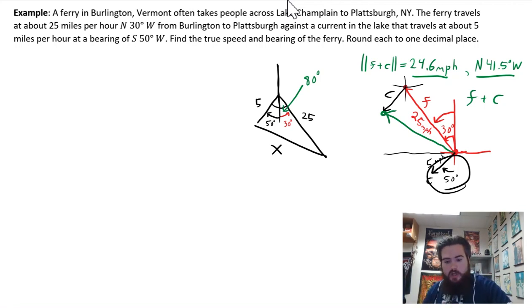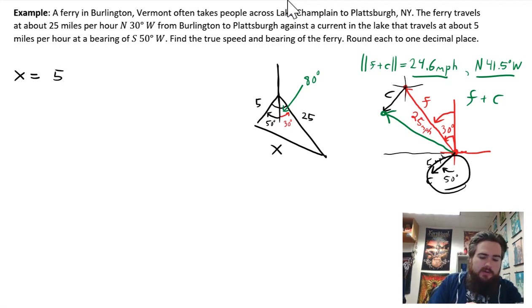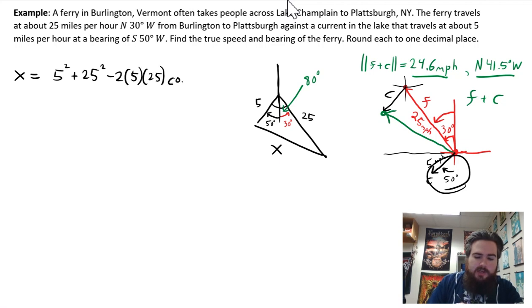So, let's use law of cosines then to solve this same problem. If I want to solve for x using the law of cosines, that would take the other two side lengths squared, 5 squared and 25 squared, and then minus 2 times those side lengths, as well as cosine of the angle measure in between.